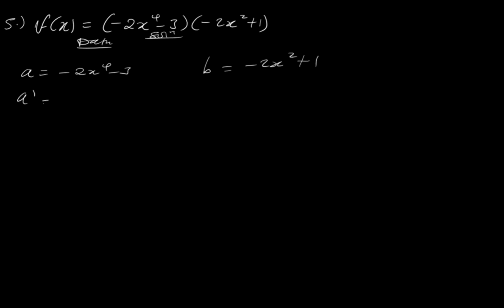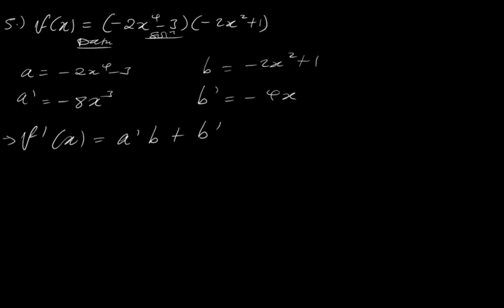Then a prime is simply equal to minus 8x to the third. Then b prime is equal to minus 4x. Just like that. So those are your derivatives of the individual functions you have. Then remember, f prime of x, as we know, will be a prime b plus b prime a.